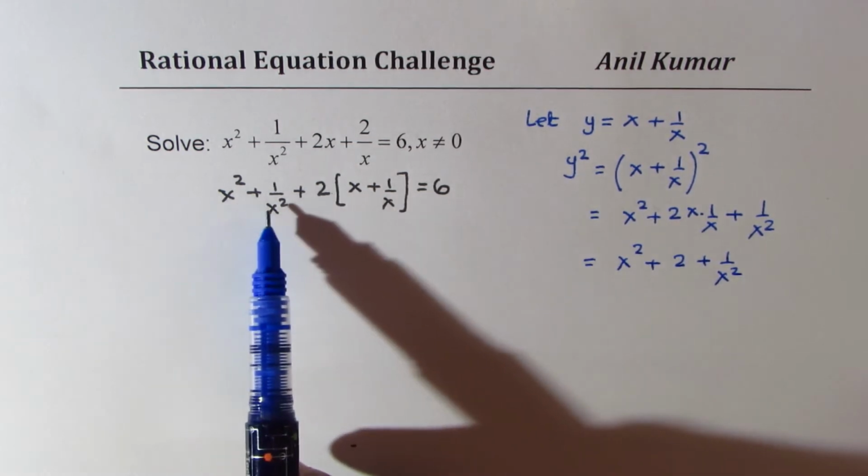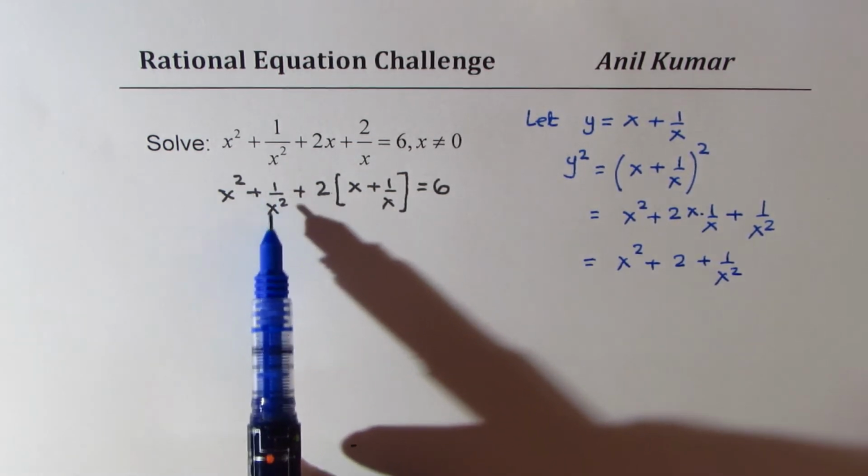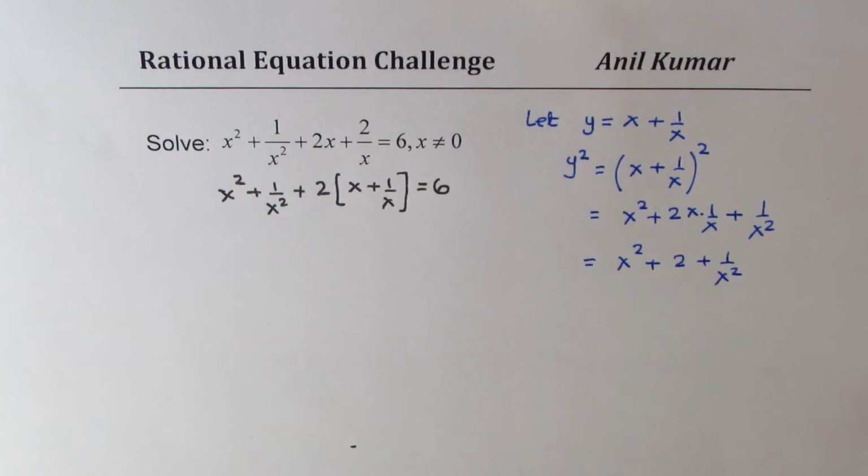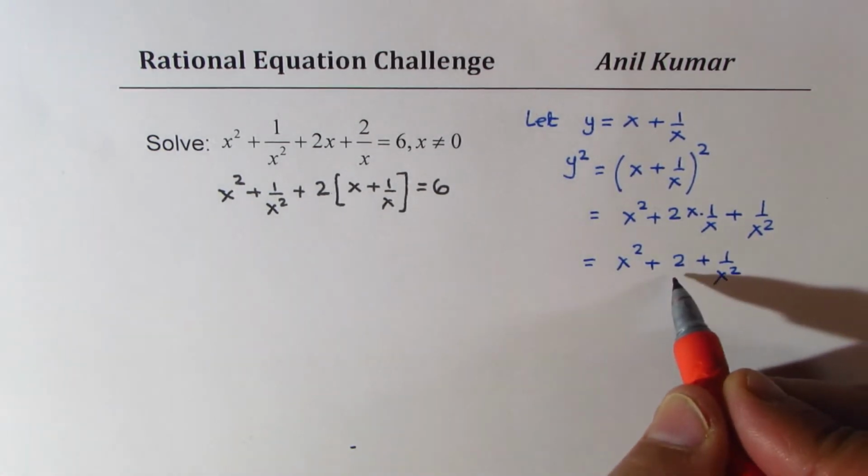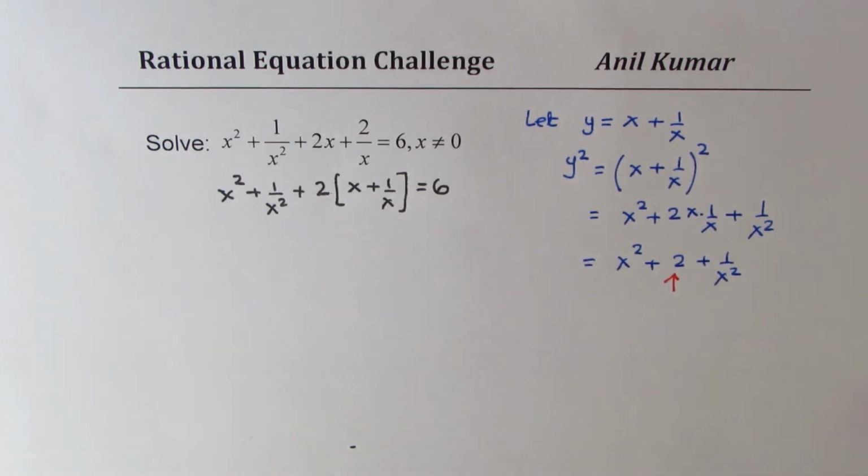Now here we have only x squared plus 1 over x squared. This 2 is missing, but we can always add it, correct?